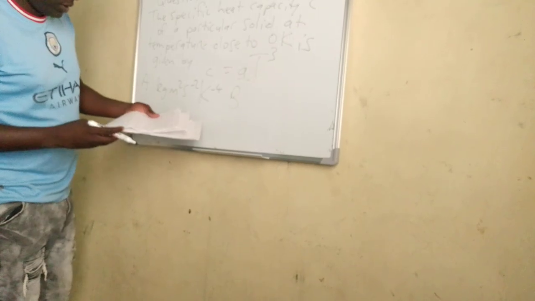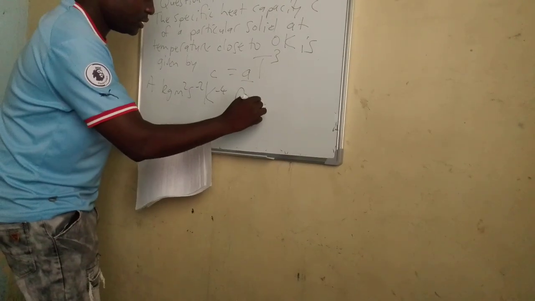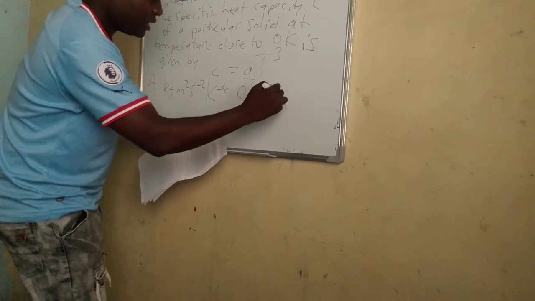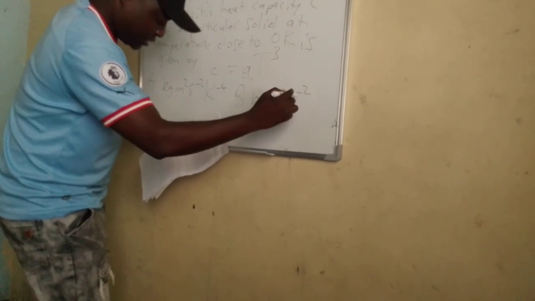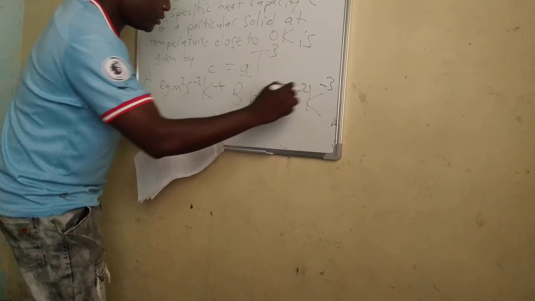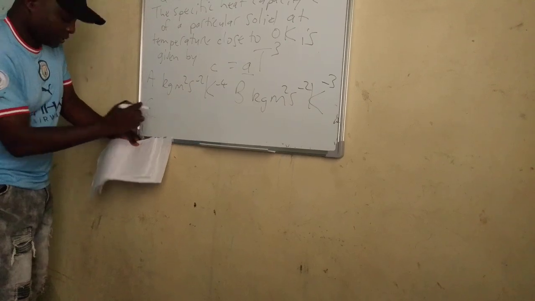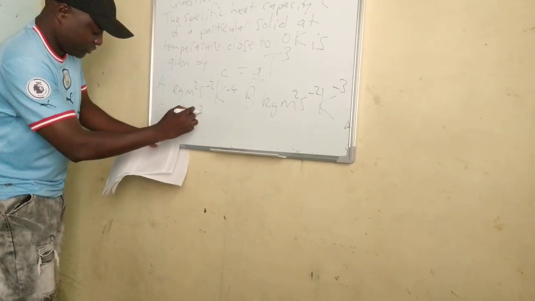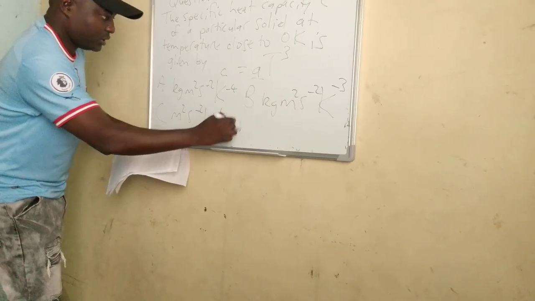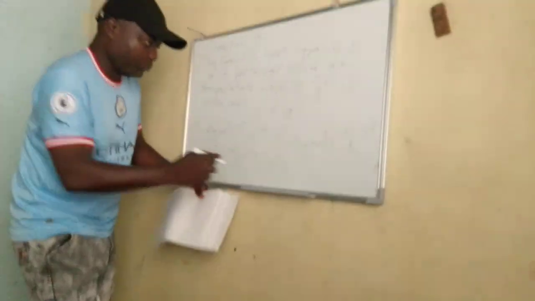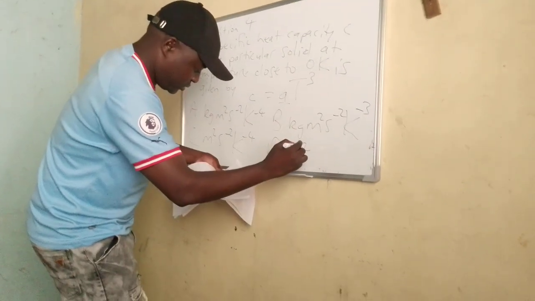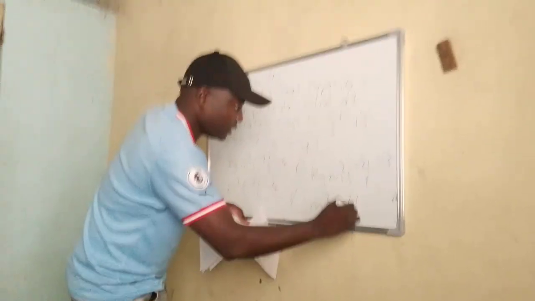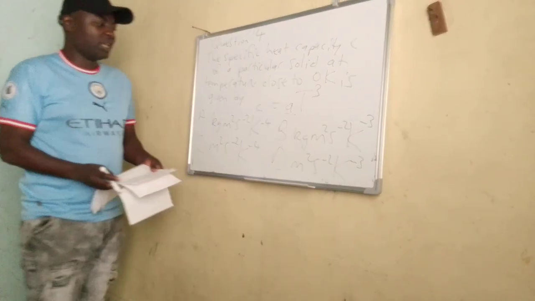B: kg meter squared per second squared. C: meter squared per second squared per kelvin to the power 4. D: meter squared per second squared per kelvin. So which one is the best answer there?